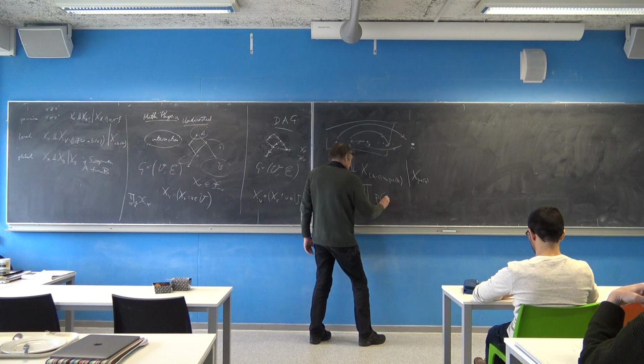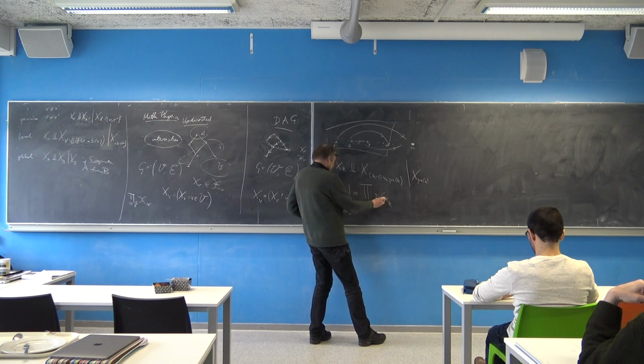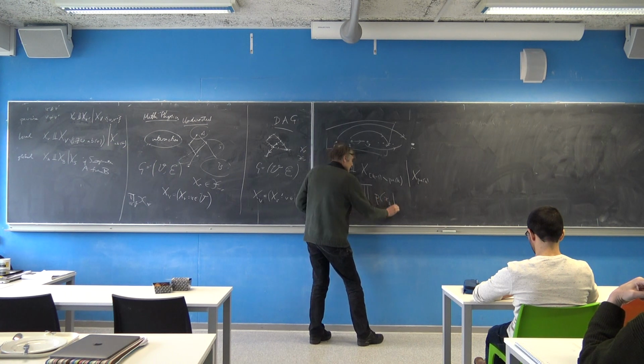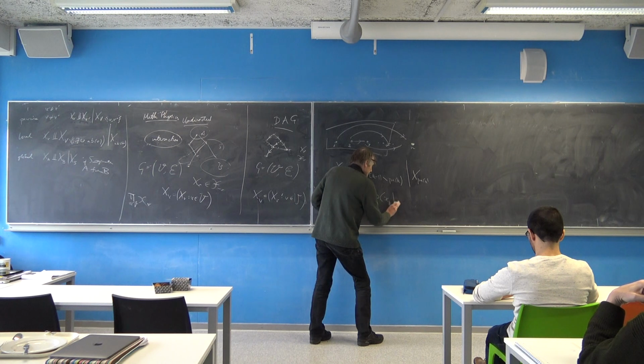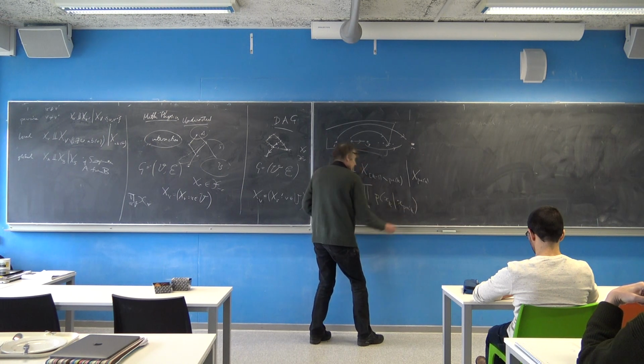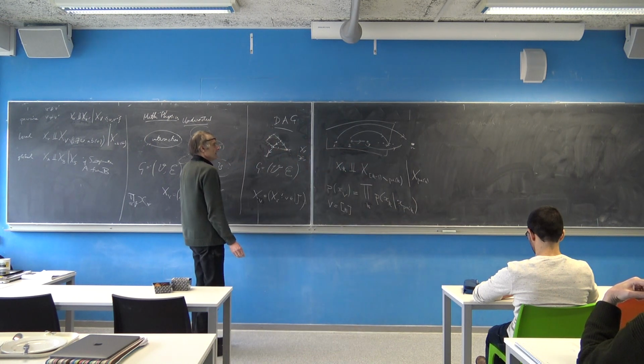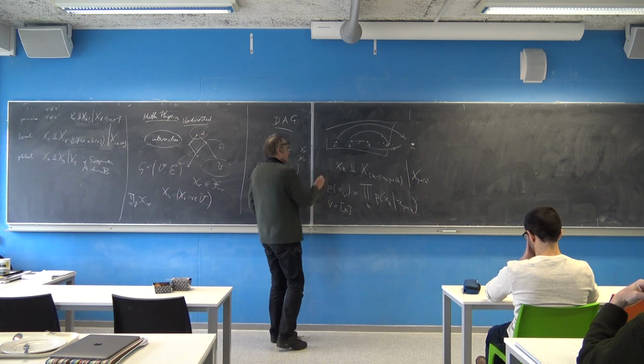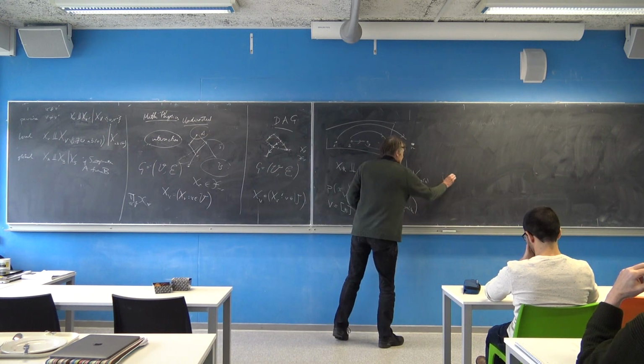The probability that the kth variable takes the particular value we have listed here, given the particular values which the parents of k have taken. So this should be true for all k.